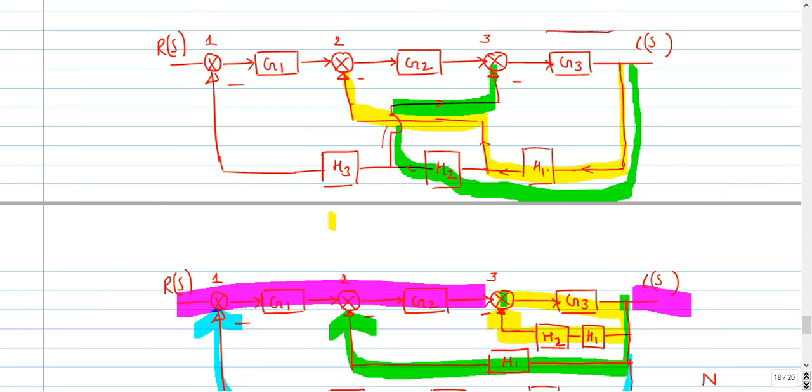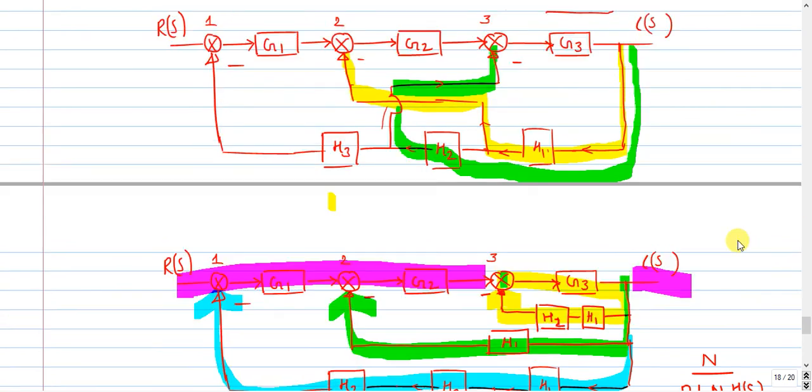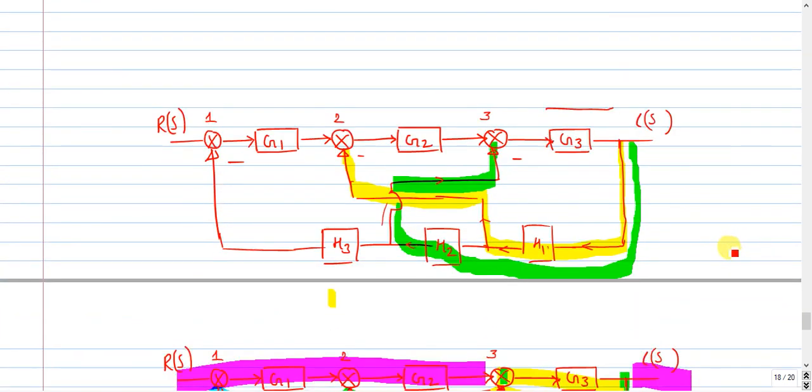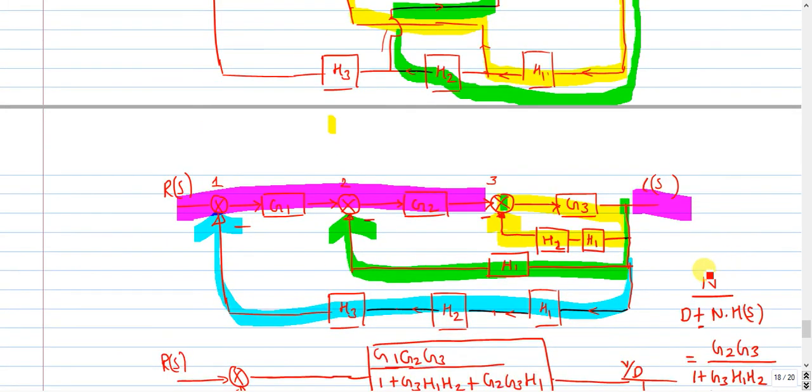See, always shifting will give you one more additional block. It could be the reciprocal or the same block. Okay, try to analyze the given block diagram. Based on that, you apply the technique, whether it has to be done by shifting the blocks or shifting the summing point, or it can be done by rewriting the same block diagram.